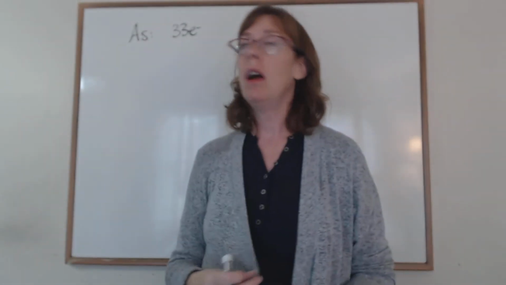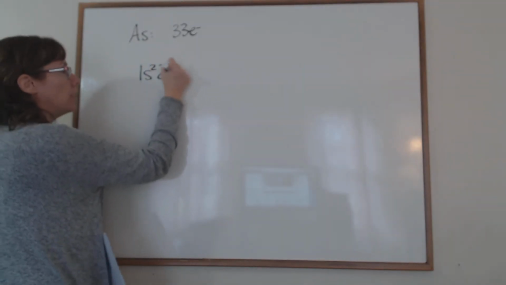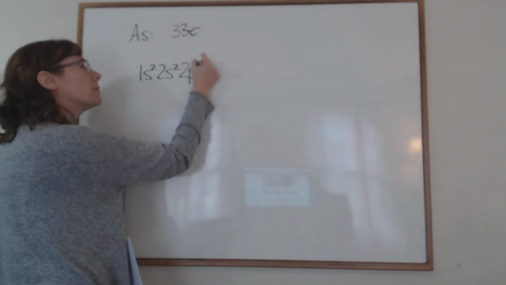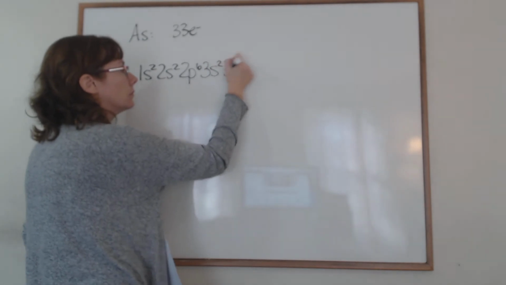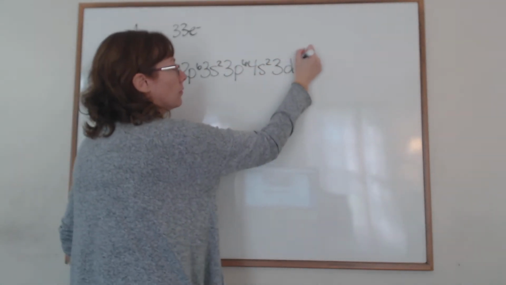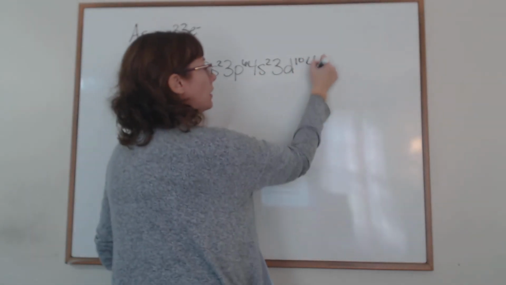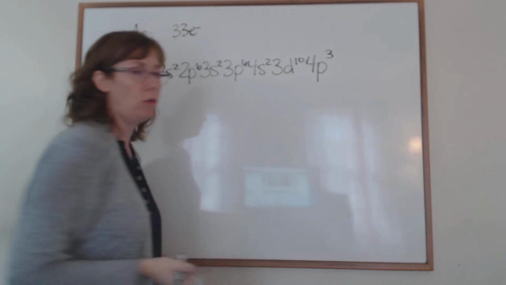You could do that diagonal rule that we talked about. But either way, you would end up with an electron configuration that looks like this. So that's 10, 20, 30. And then the last three would be in there for 4p3.